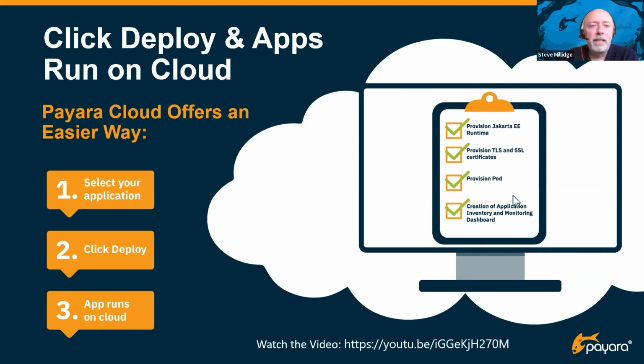We have done videos on this, and we've done demos, and we've got a link there to a video, but what it allows you to do is take a WAR file, upload it as you would to an admin console on Payara, and it'll be running on a cloud infrastructure. So it will create all the DNS, the TLS certificates, create pods, create monitoring and dashboards, and get it running on a cloud infrastructure in seconds.